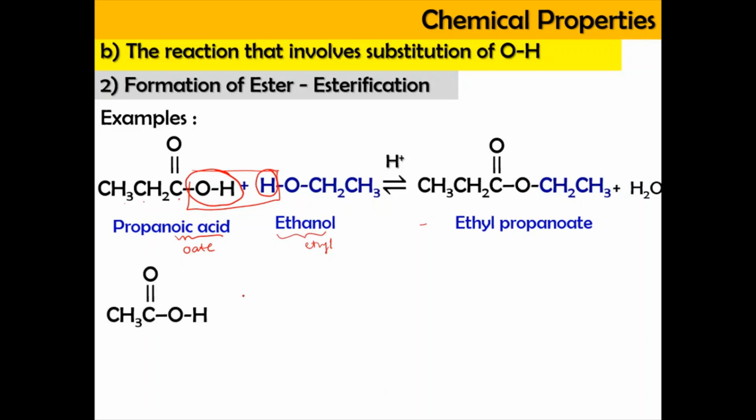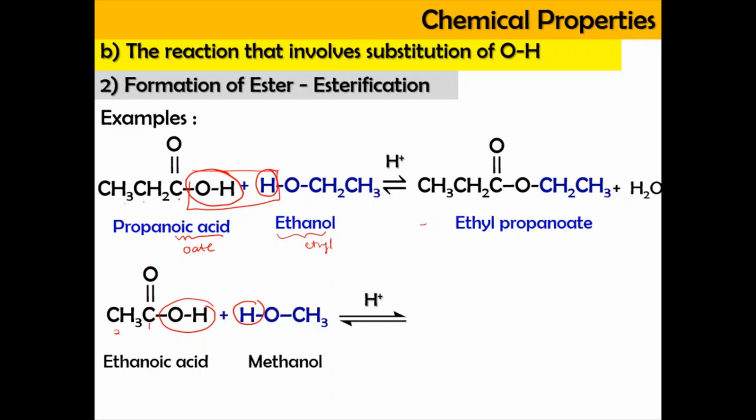Similar to here, which is ethanoic acid, and then you react that with methanol. So you're going to remove hydrogen and OH from here. The product that you will be getting in the presence of acid catalyst is going to be methyl ethanoate. Okay, and the byproduct here is going to be water.